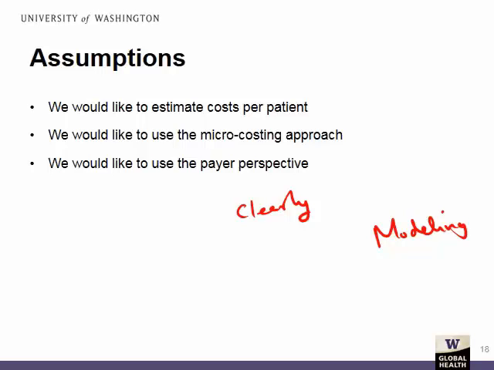So in this example, we can assume that we are doing per patient costs, and we would also like to use micro costing as opposed to top-down costing, and that our perspective is the payer. Maybe this payer is the Ministry of Health of a country like Tanzania. And every time I use countries, I'm not picking on any one country. It's just for strictly pedagogical reasons.